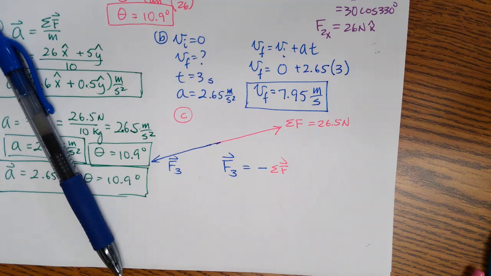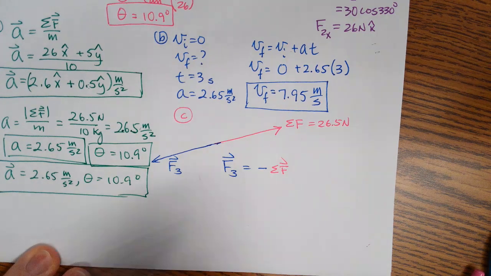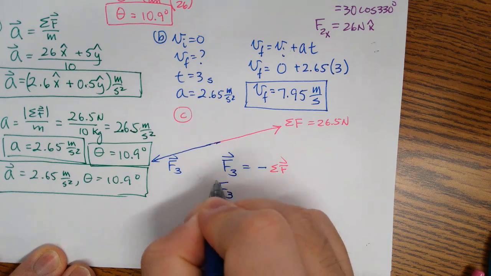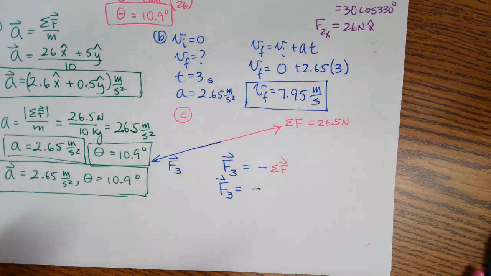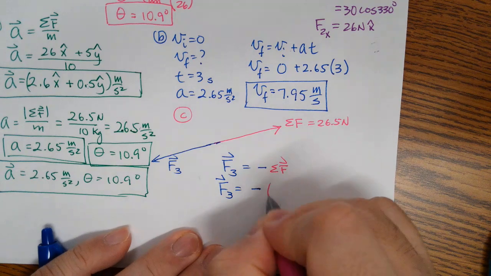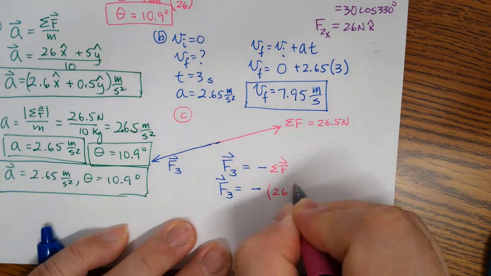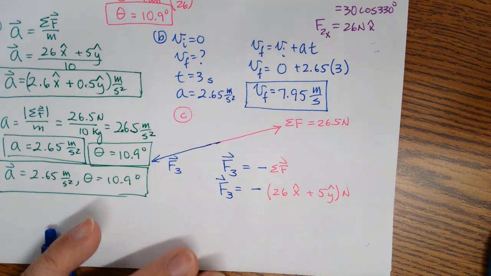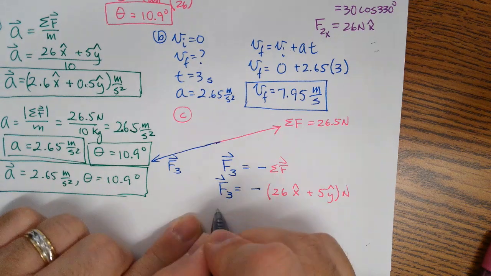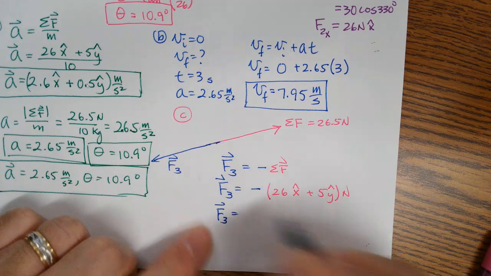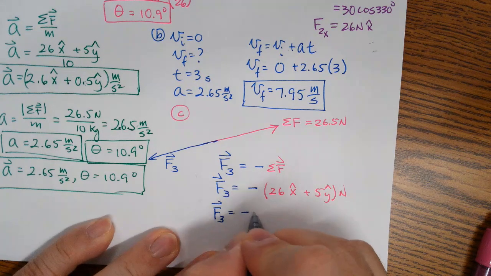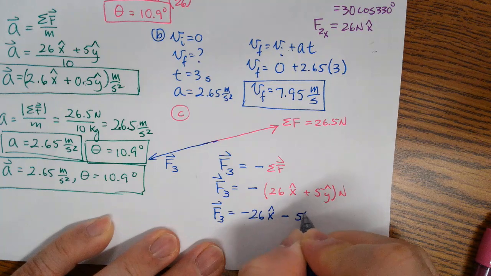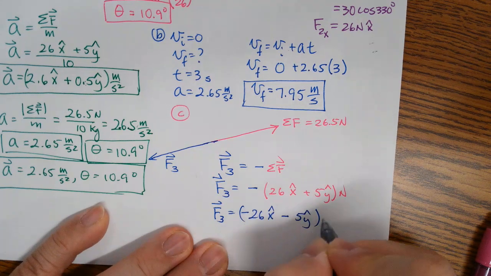Yeah, sorry. So since it's negative net force, my F3 is equal to negative of 26 x hat plus 5 y hat newtons. So my F3 is equal to negative 26 x hat minus 5 y hat newtons.